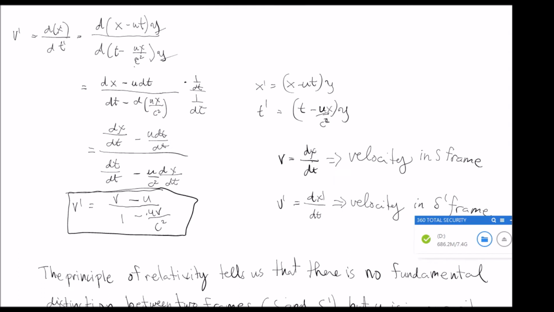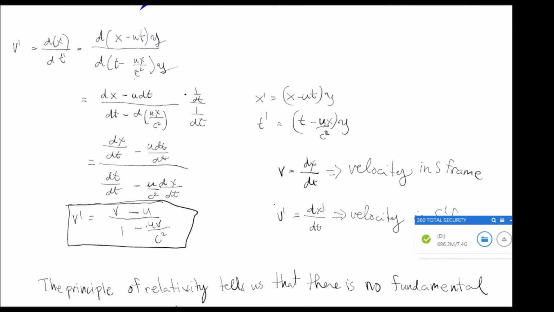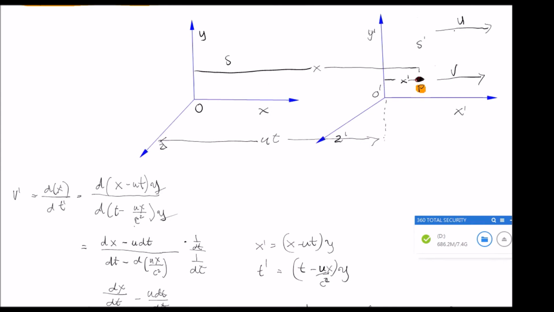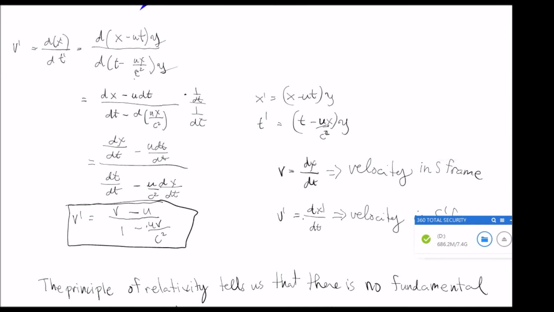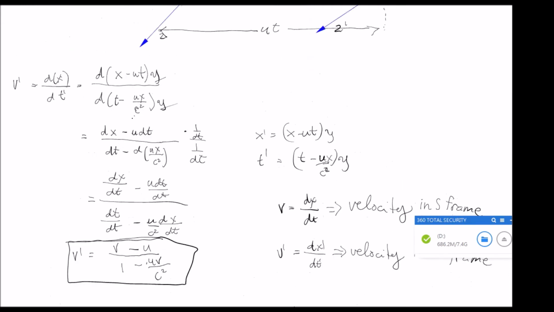So v equals dx over dt, and this is the velocity in the S frame, the velocity observed in the rest frame. And v prime is the velocity observed relative to the S prime frame, so v prime equals dx prime over dt prime, right? Velocity.